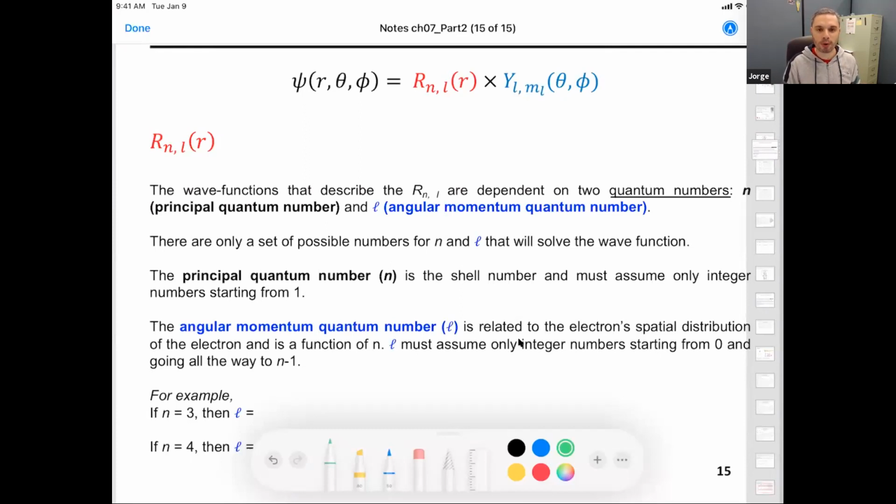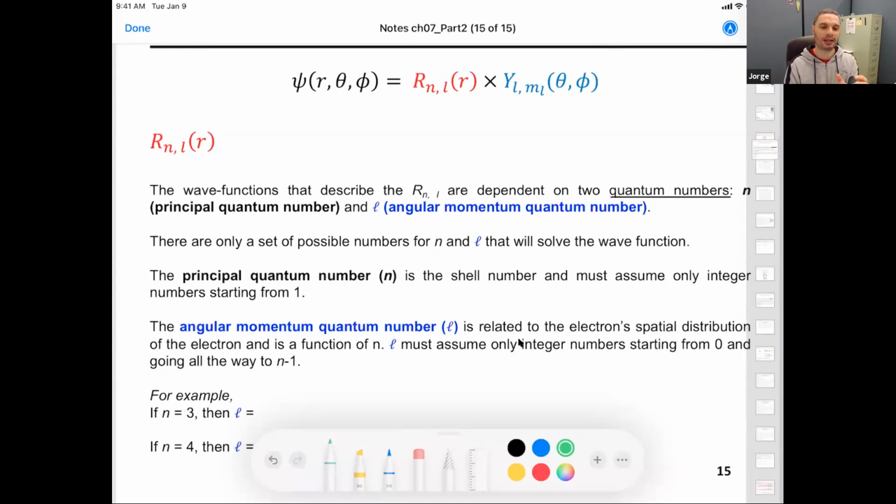Let's start with the principal quantum number, n. The principal quantum number is basically the shell number and must assume only integer numbers starting from 1. Okay, can be 1. The next possible value is 2, 3, 4, and etc. The angular momentum quantum number, l, is related to the electron's spatial distribution and is a function of n.